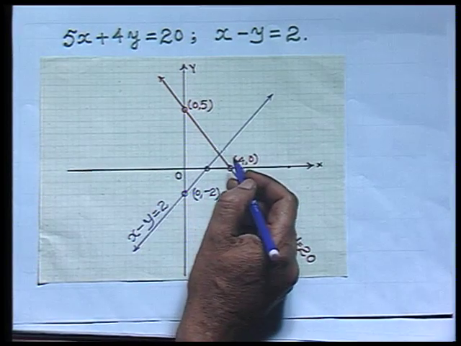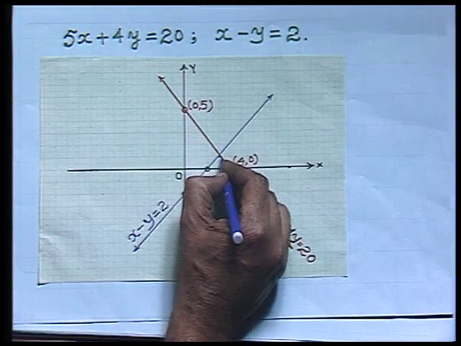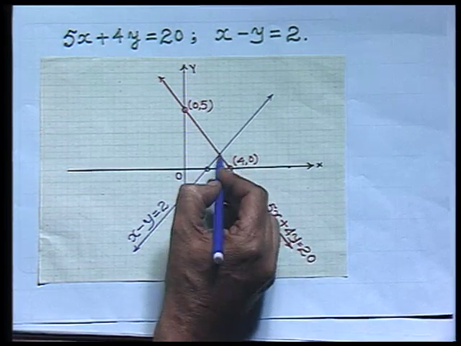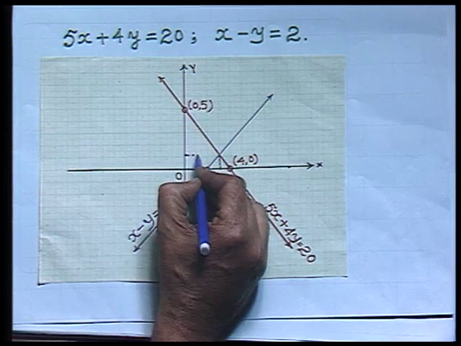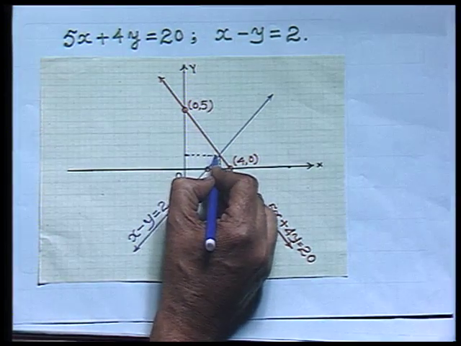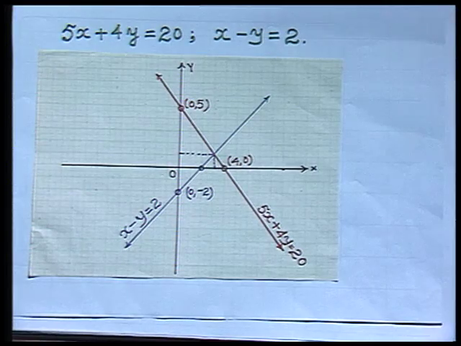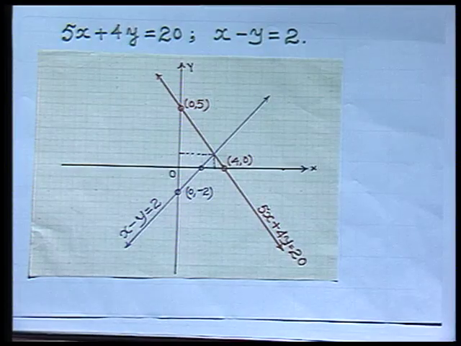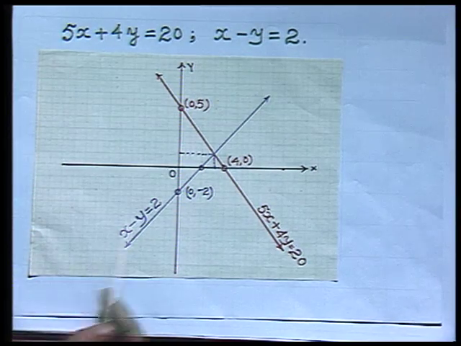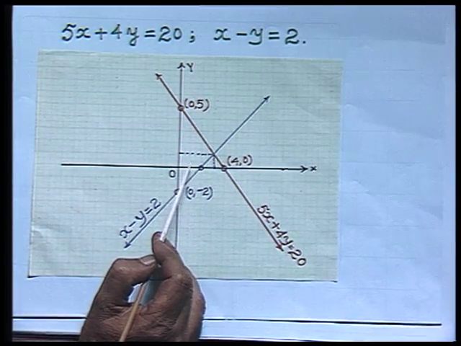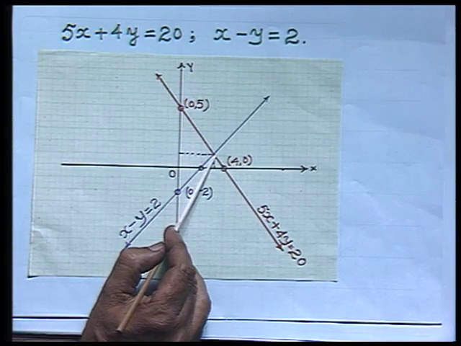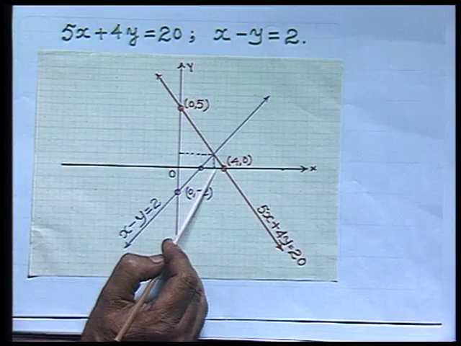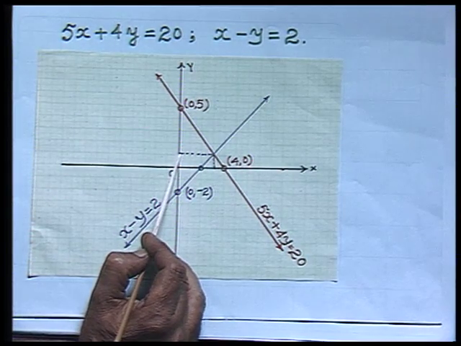From the point of intersection we plot a perpendicular onto the x-axis and also onto the y-axis. Here I have already calculated the values of x and y as 28 by 9 and 10 by 9, which of course becomes very difficult to locate from this point of intersection after dropping the perpendicular onto the x-axis and onto the y-axis.